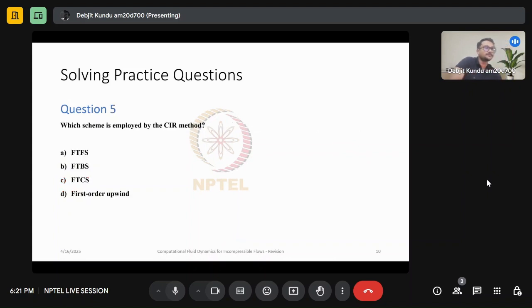Alright, so moving on to question number 5, which is asking us which scheme is employed by the CIR method. So just a quick refresher, CIR method is the Courant, Isaacson, Rees method, and which scheme is employed by it?